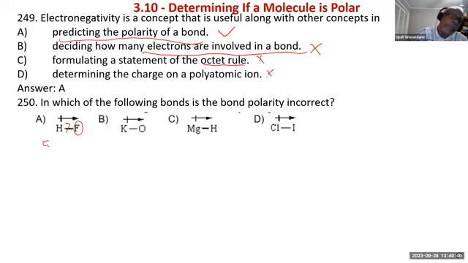Therefore, this is correct. The negative end is on, this is also correct. Potassium has less electronegativity. Magnesium also has less electronegativity than.